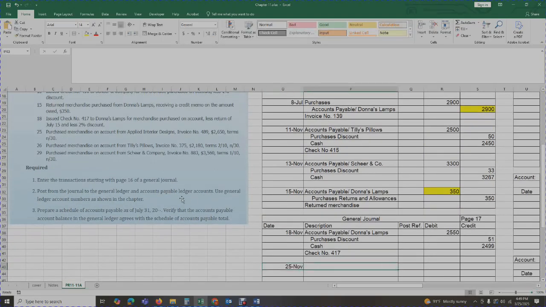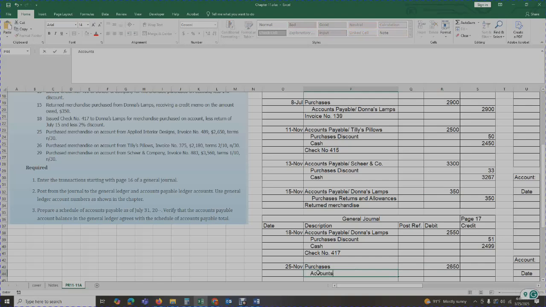November the 25th, we purchased merchandise on account. Let me remove this so we don't get confused. So on November the 25th, we purchased more merchandise on account, this time from Applied Interior Designs. So what did we do? We made a purchase, right? So we have purchases in the amount of $2,650. We purchased the merchandise on account.